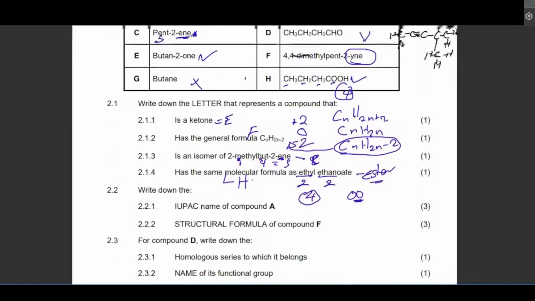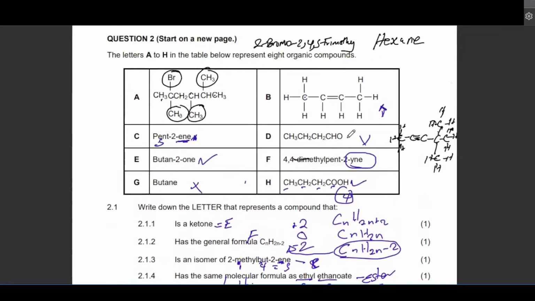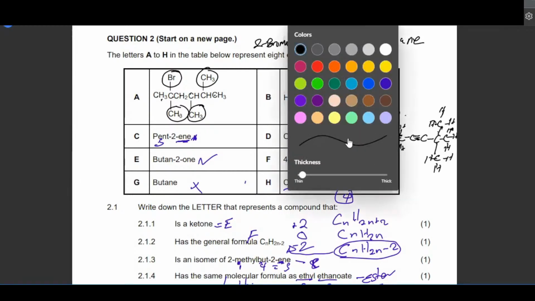If you look at this, compound D is an aldehyde, so it belongs to the homologous series of aldehydes. Its functional group is formyl. It could be formyl or carbonyl. So it is formyl.